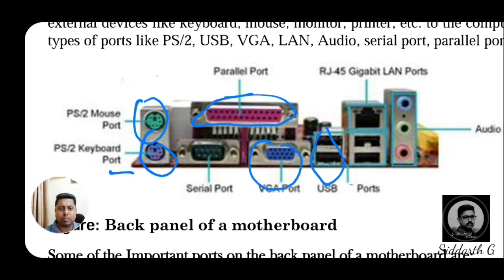Back panel USB ports connect directly to the motherboard. That's why, compared with the front panel USB ports, the front panel will take a little more time to transfer the data. That's why most techs use the back panel for connecting media and for transferring these kinds of data.